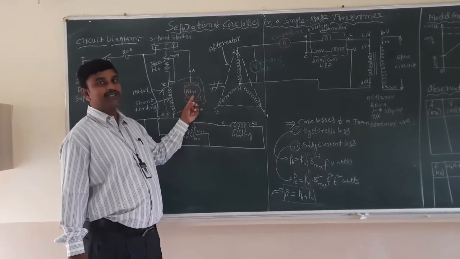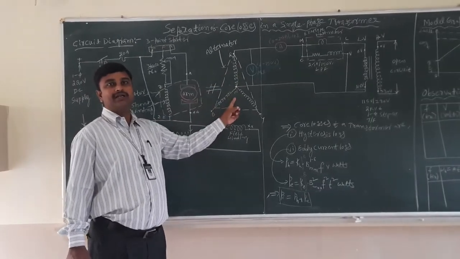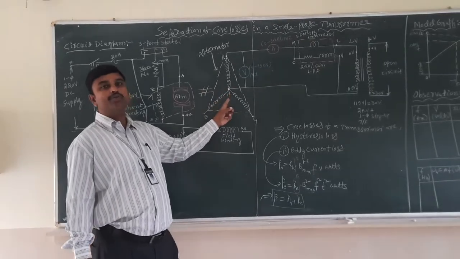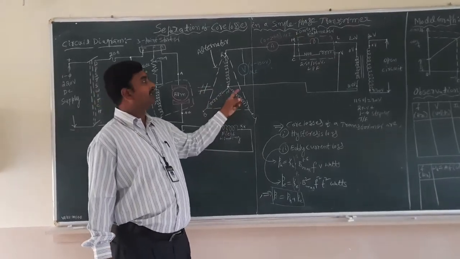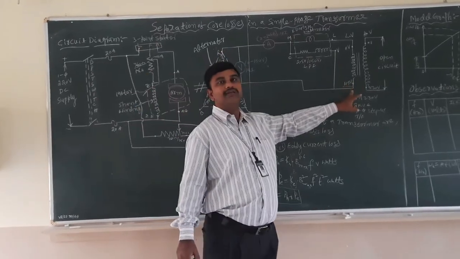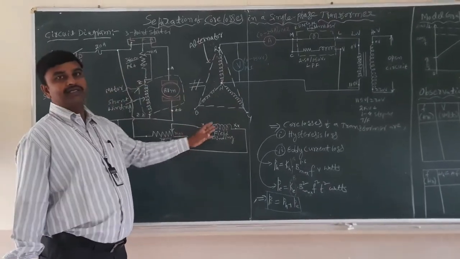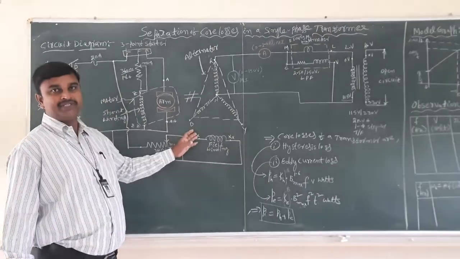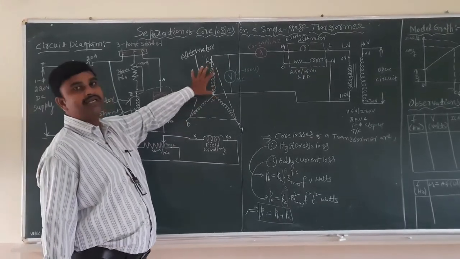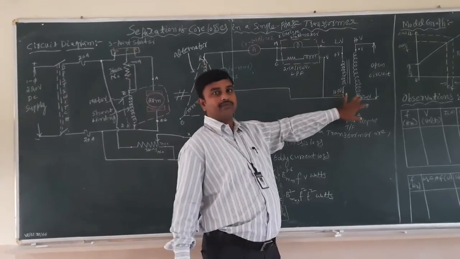That mechanical energy is fed to an alternator, which requires mechanical energy as input, and its output is electrical energy. That electrical energy is given to a single phase transformer. Basically, an alternator is a 3-phase machine, so out of the 3 phases, we use a single phase supply for the transformer.